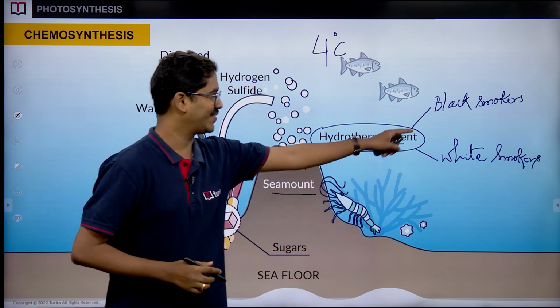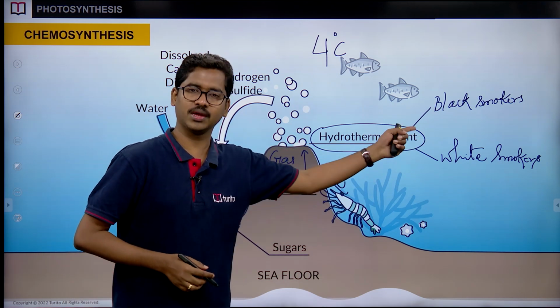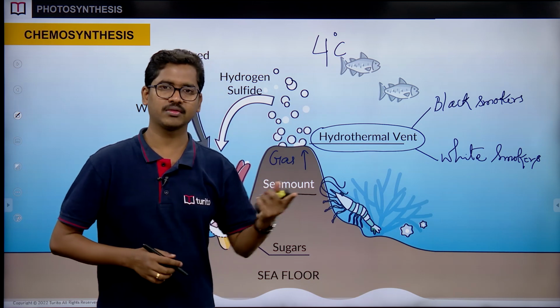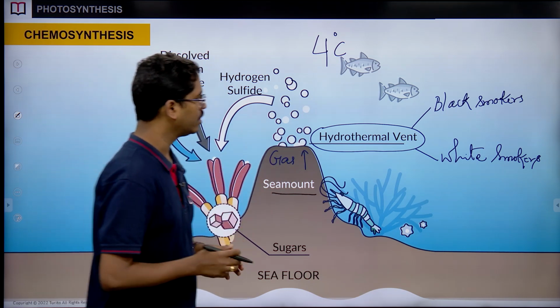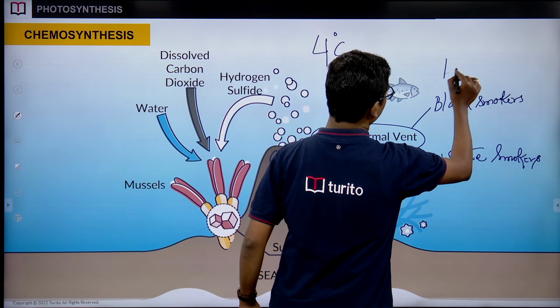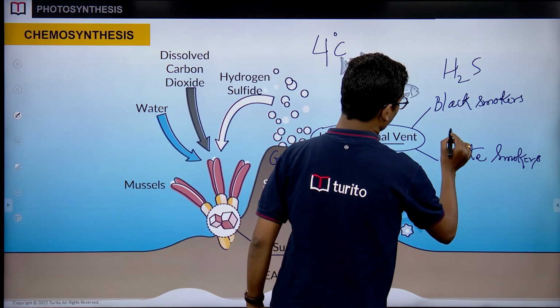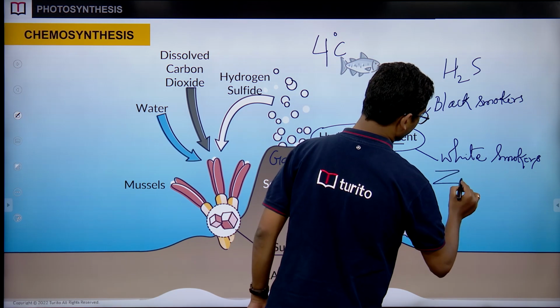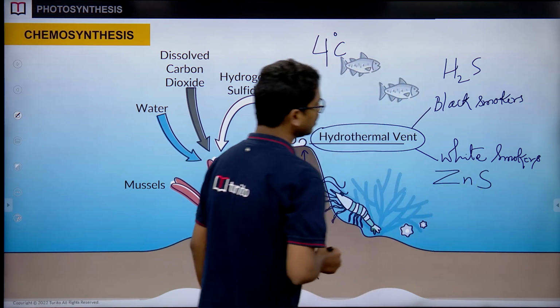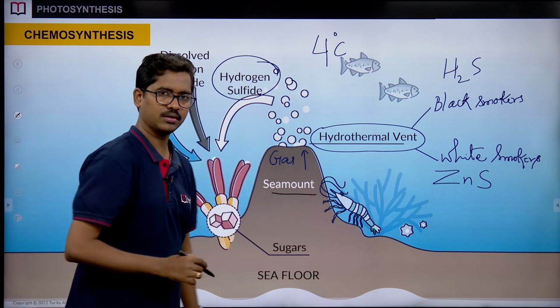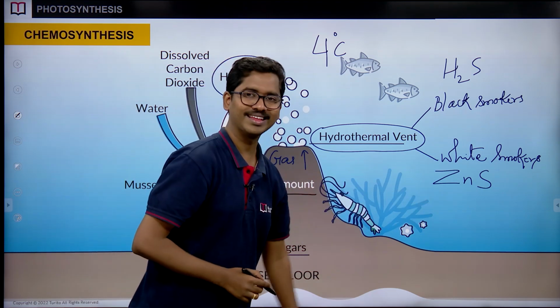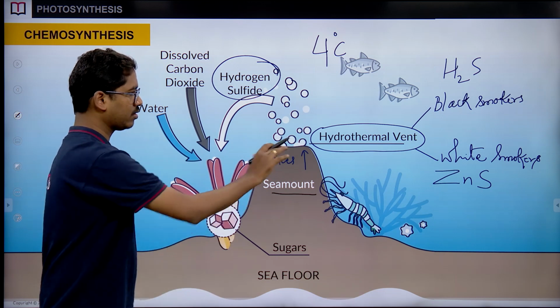They are named after the type of gas released by the hydrothermal vents. Usually, a black smoker gives out H2S, hydrogen sulfide, which is mentioned here, and a white smoker gives out ZnS, zinc sulfide.